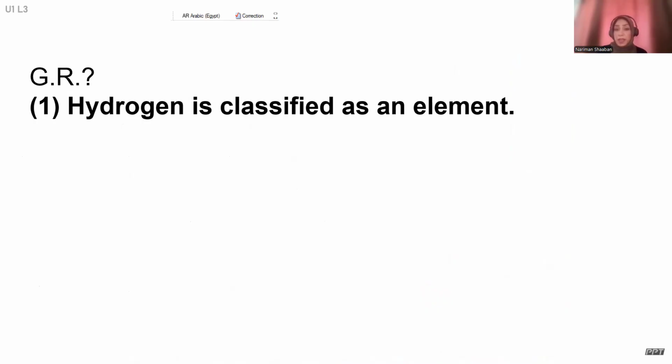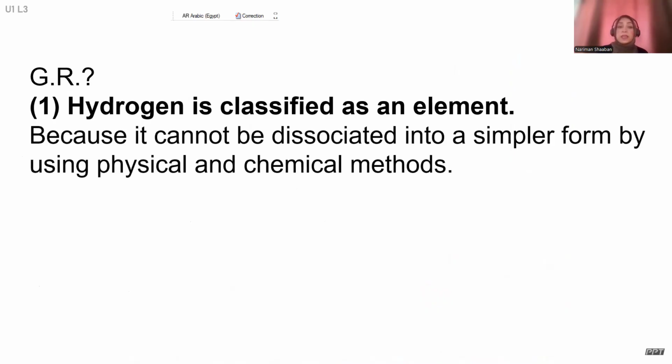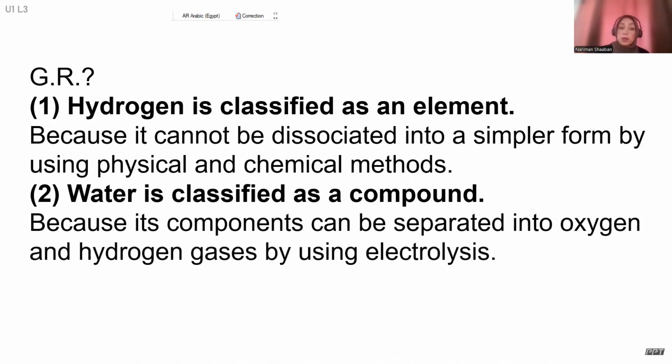Hydrogen is classified as an element because it cannot be dissociated into a simpler form by physical or chemical methods. Water is classified as a compound because its components can be separated into oxygen and hydrogen gases by using electrolysis.